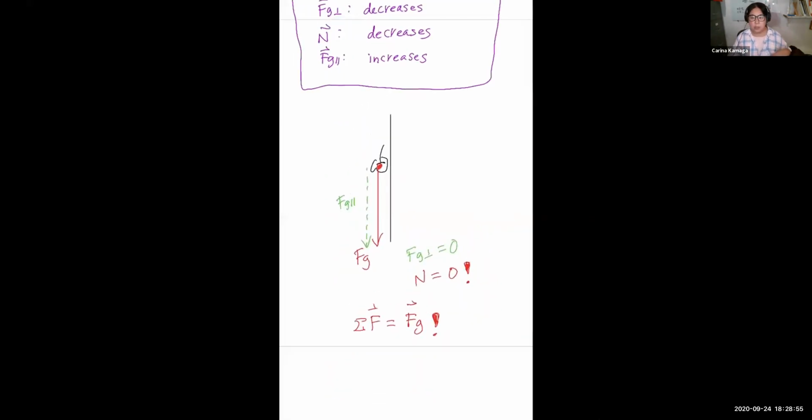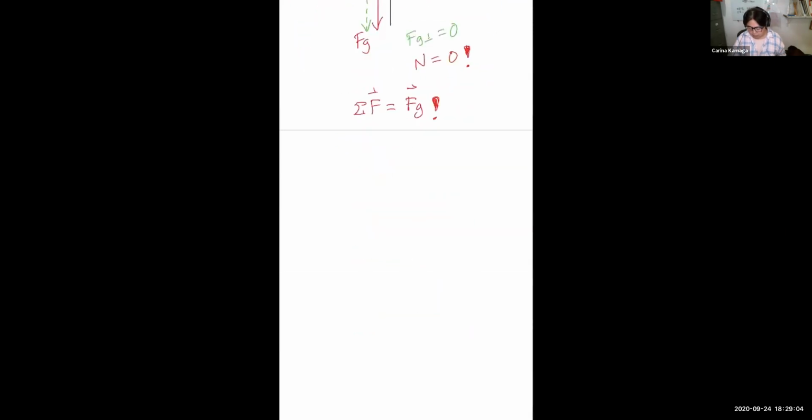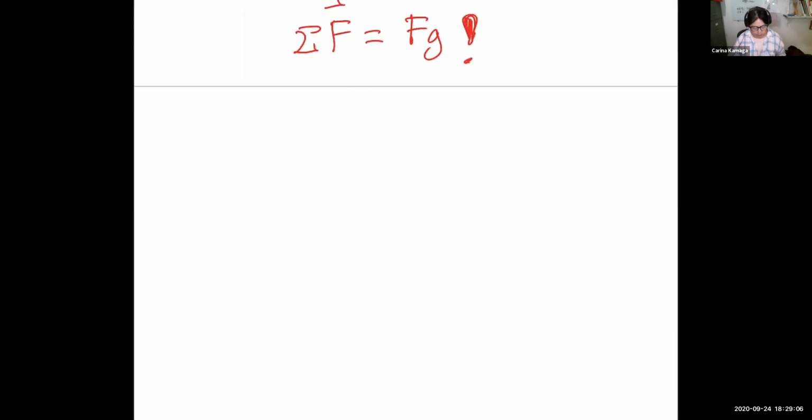So all we do by changing the angle of incline is the normal force changes to be less and less as the angle increases. And that's why it changes the motion. It's not that you're adding a new force. Actually, you're taking away the normal force.